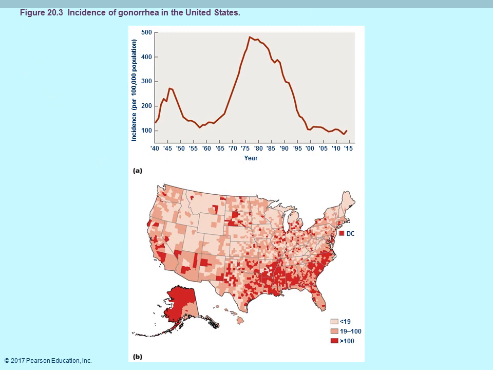So on this graph, you can see certainly how the number of cases have decreased since a peak in the late 70s, early 80s, and it has decreased dramatically since then. And then the second bottom graph of the United States does show the incidence, relative number of cases to location.